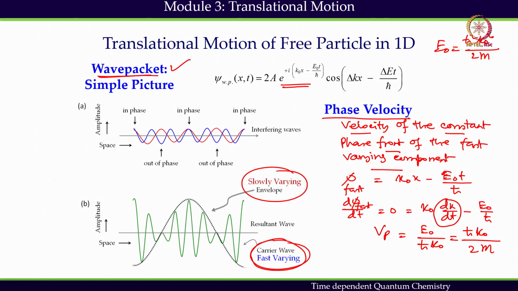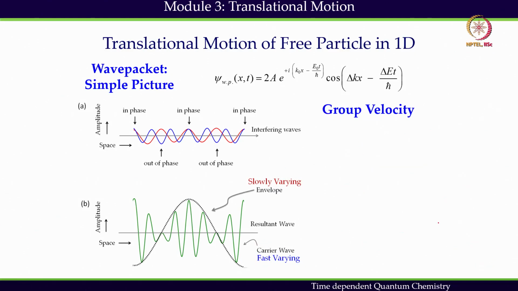Now the question is, what is the velocity with which this component is propagating, and what is the velocity with which this component is propagating? These two components are propagating separately, independently, and we are trying to find out the velocity of each individual component in the wave packet. The phase velocity of the wave packet is given by this value.